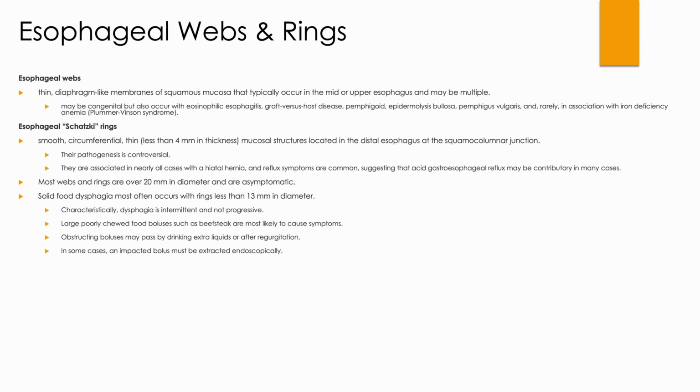Most webs and rings are over 20 millimeters in diameter and are asymptomatic. You really don't start seeing problems with dysphagia, especially solid food dysphagia, until about 13 millimeters in diameter. And usually it's intermittent and non-progressive.